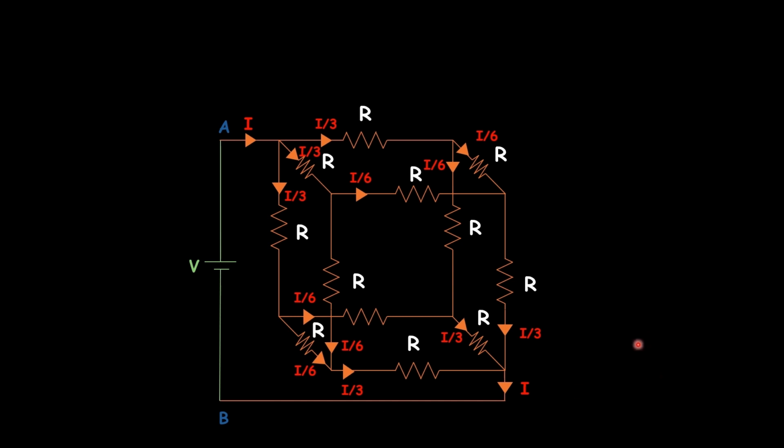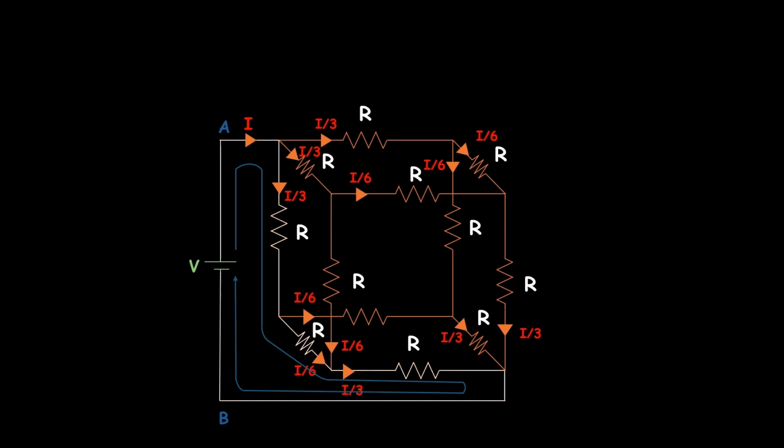So now we just have to find a loop where we can solve this circuit very easily. Pause the video and try to find which loop is best suited for our question. Yes, you guessed it right. This is the loop. We need to solve this loop by using Kirchhoff voltage law to get the equivalent resistance along A and B. For that, we need to focus only on this loop.